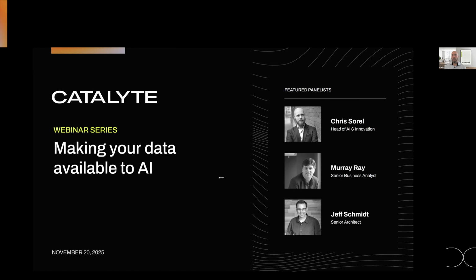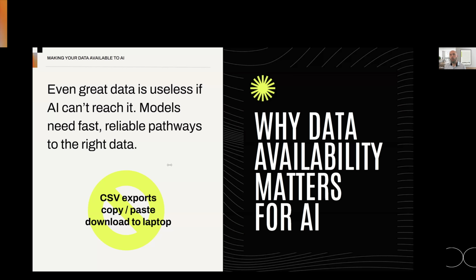So I guess we'll start with maybe an obvious question, which is, why does data availability matter? And this is true, not just for AI, but for any of your systems. Why are you keeping the data if you're not using it? But I think it's important to understand that why it matters for AI is that the more information, the more context you can provide to a model, the better it does.